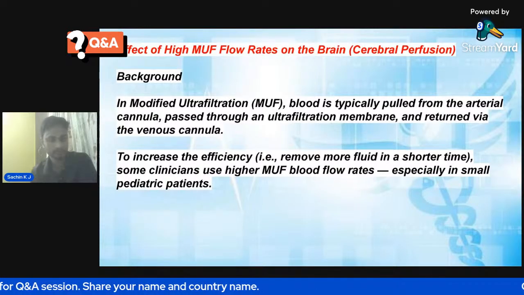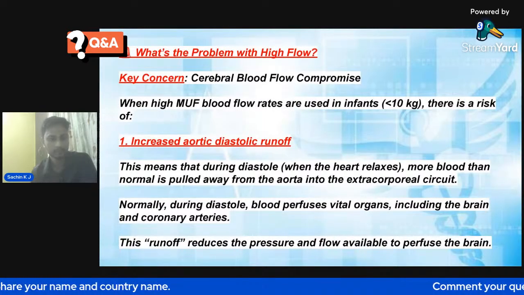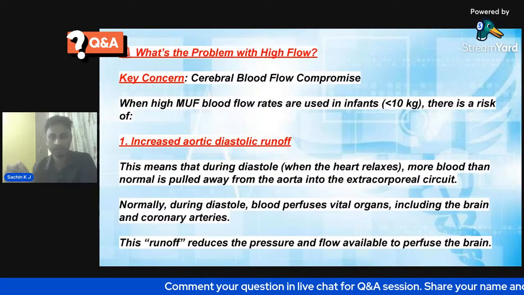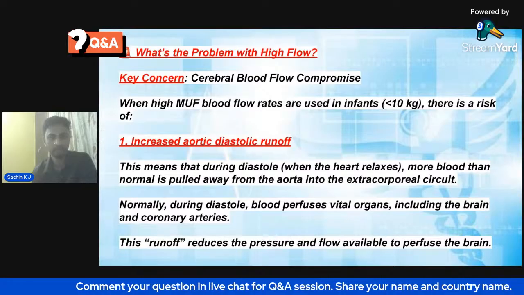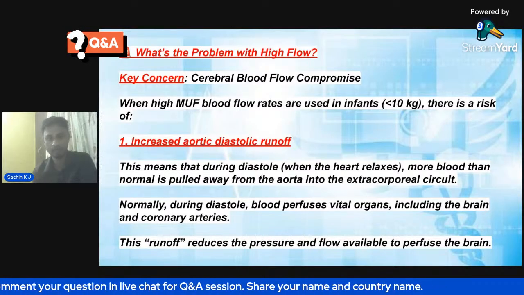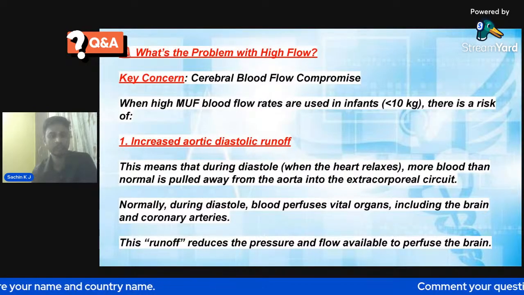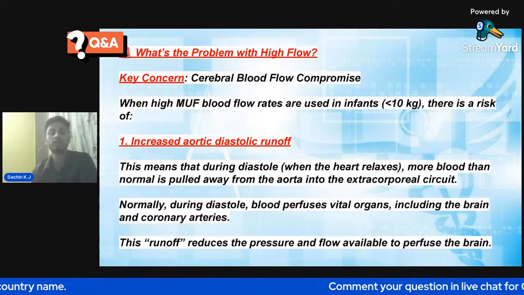So next one, sir. What is the problem with high flow? I will tell. Key concern: cerebral blood flow compromise. When high MUF blood flow rates are used in infants less than 10 kg, there is a risk of increased aortic diastolic runoff.